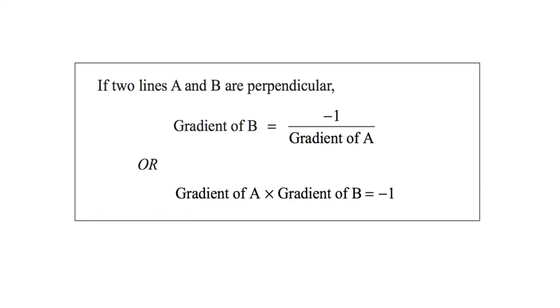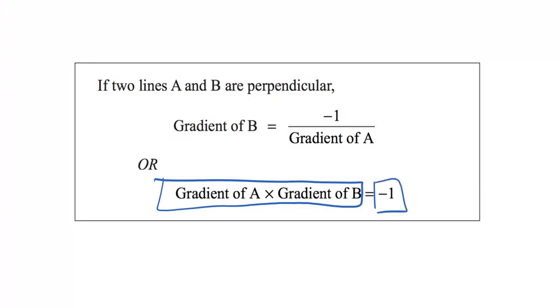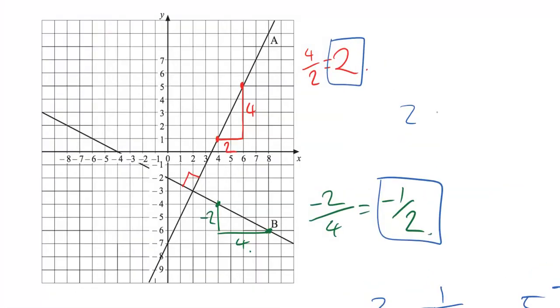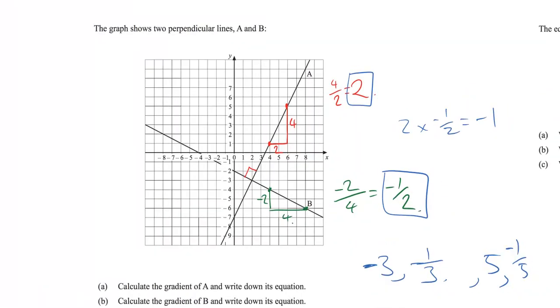If A and B are perpendicular, we could say the gradient of B is minus 1 divided by the gradient of A. Or another quick way of thinking about this is if I get the two gradients and I multiply them together, I'm always going to get minus 1. That's really quite a useful way to think about this. 2 times minus a half is always going to equal minus 1. Anytime you can find that relationship, if you've got those gradients, you're dealing with perpendicular lines.